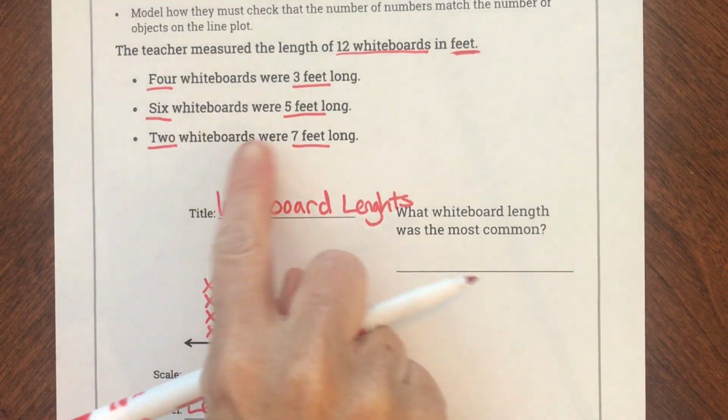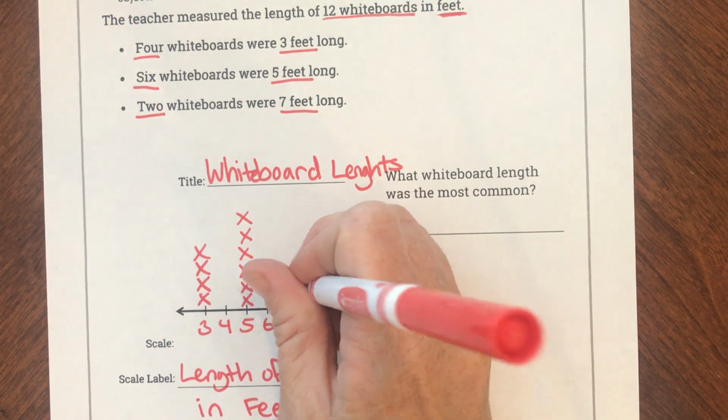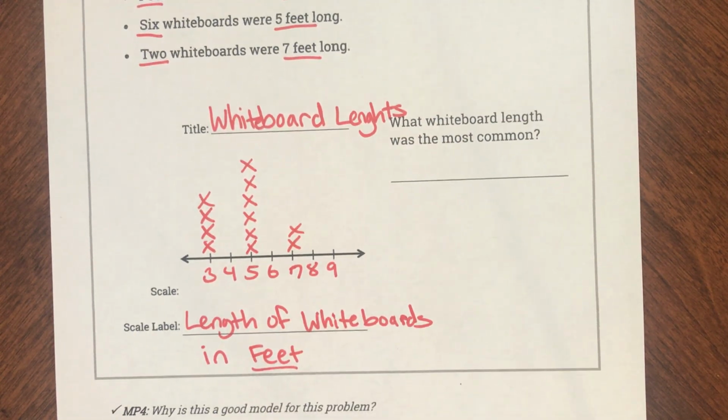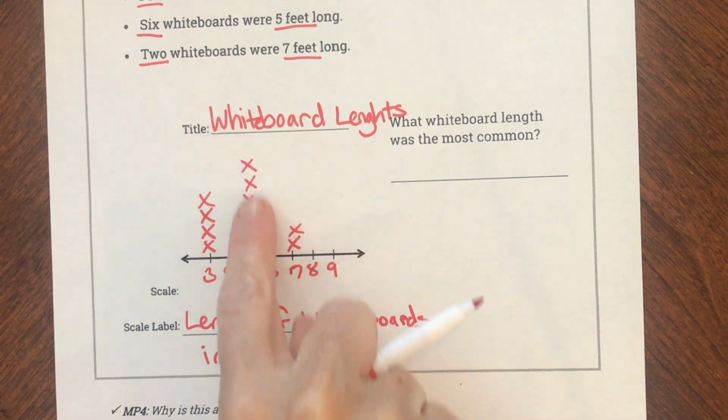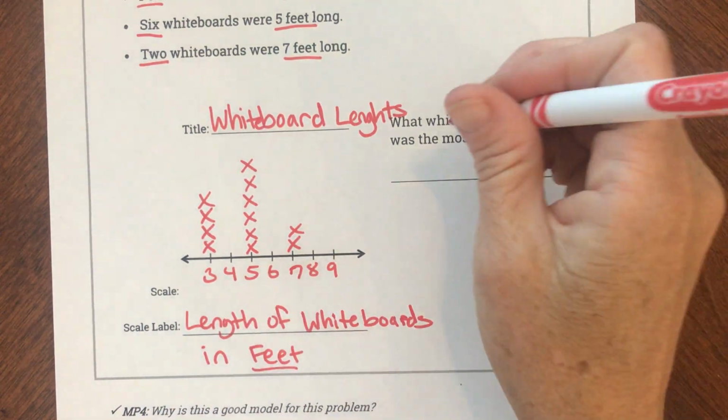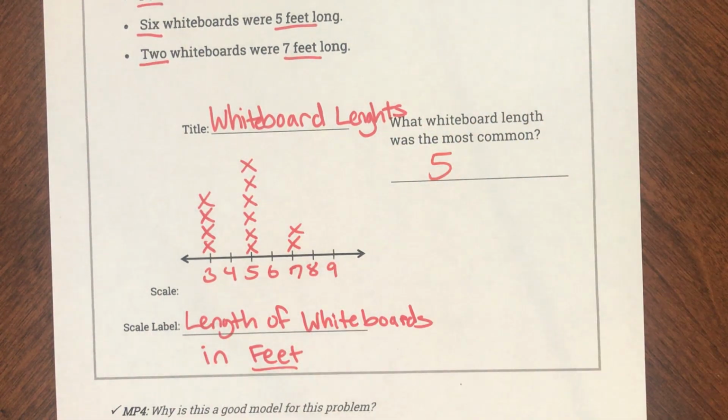And there were 2 whiteboards that were 7 feet. 1, 2. Okay, so let's look at our question now. What whiteboard length was the most common? Which one was the most common? Do we all see how 5 was the most common? Because most of them fit in that category. Okay, so boys and girls, let's try some together. We are on page 252.